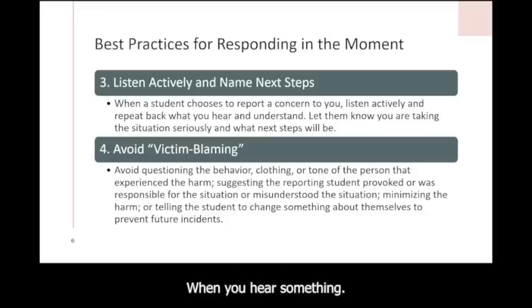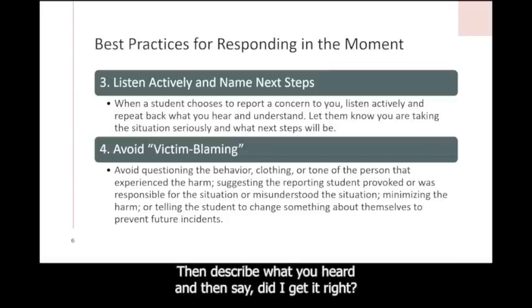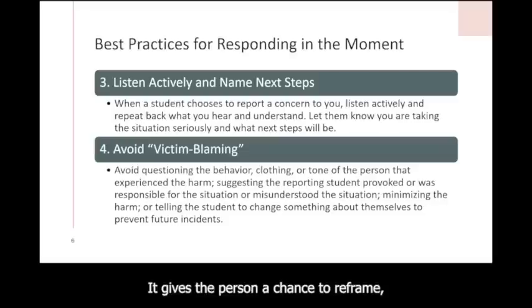When you hear something, you play it back to make sure you understand. Then you ask if you got it right. It sounds like this: "I heard you say," then describe what you heard, and then say, "Did I get it right?" It gives the person a chance to reframe, but also makes them feel heard.